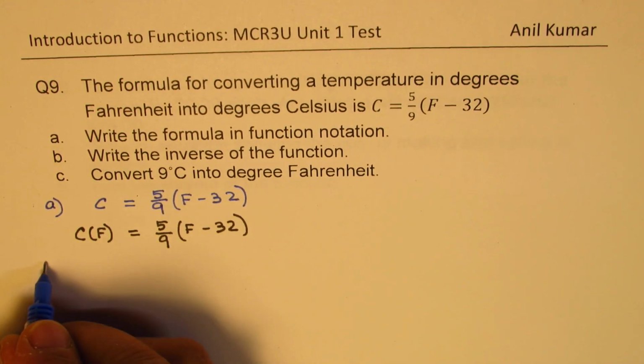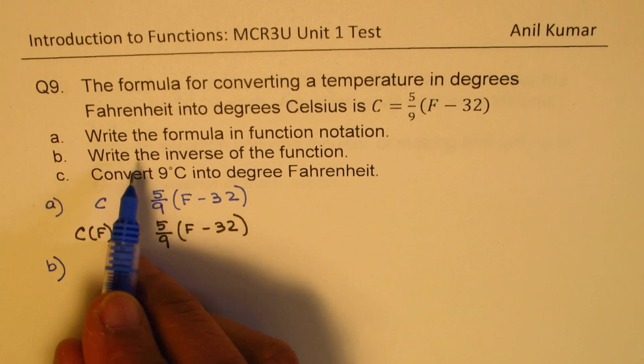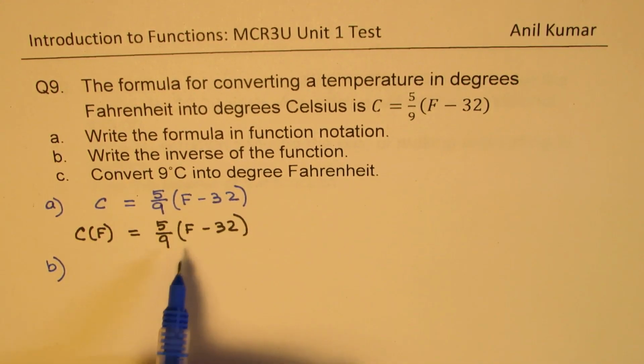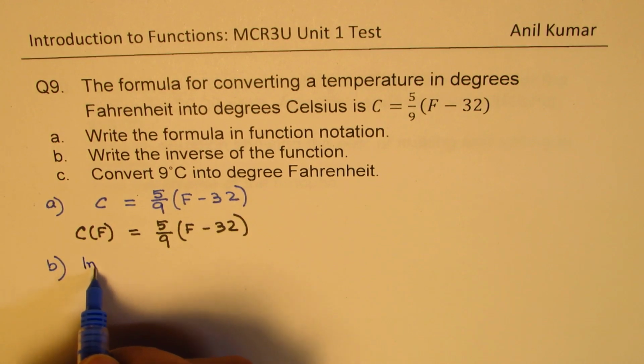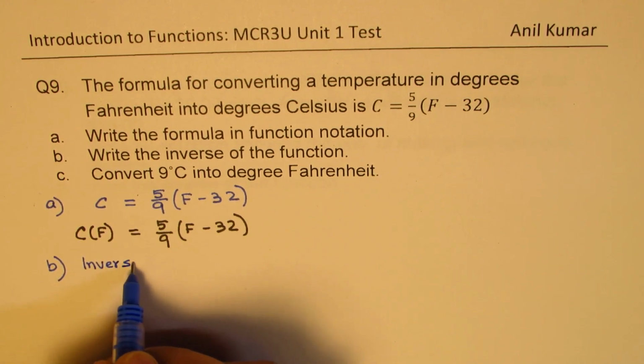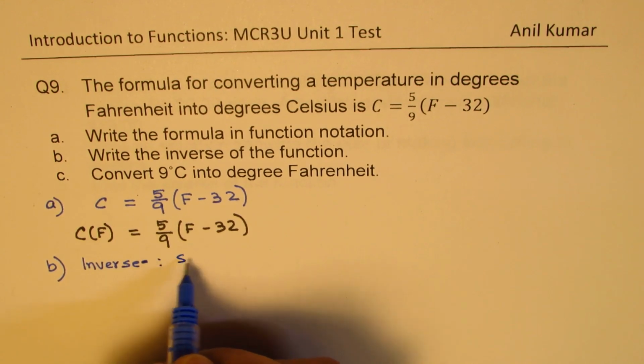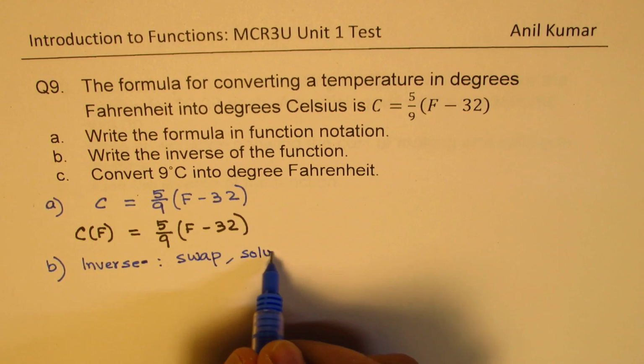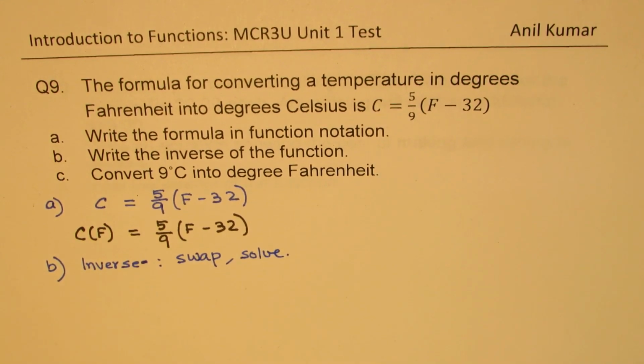Now let's do part B, which is to write the inverse of the function. To write the inverse, we will swap and then solve. These are the two steps involved. Let me show you two ways.